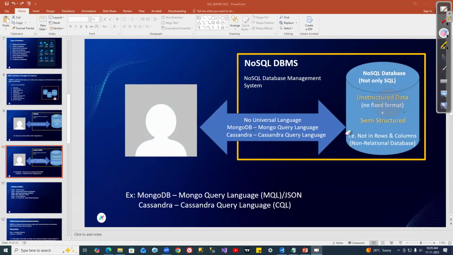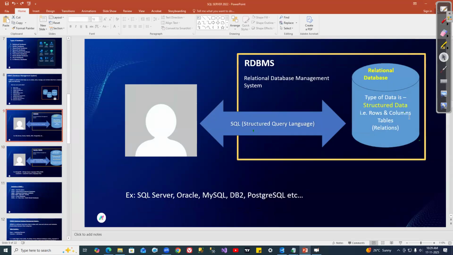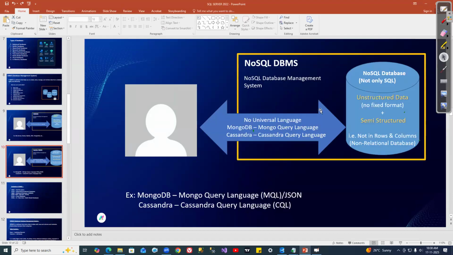And here we don't have a universal language to communicate with databases. Earlier we had SQL, structured query language, to communicate with the relational database. Whereas in a NoSQL database management system, we don't have a universal language.